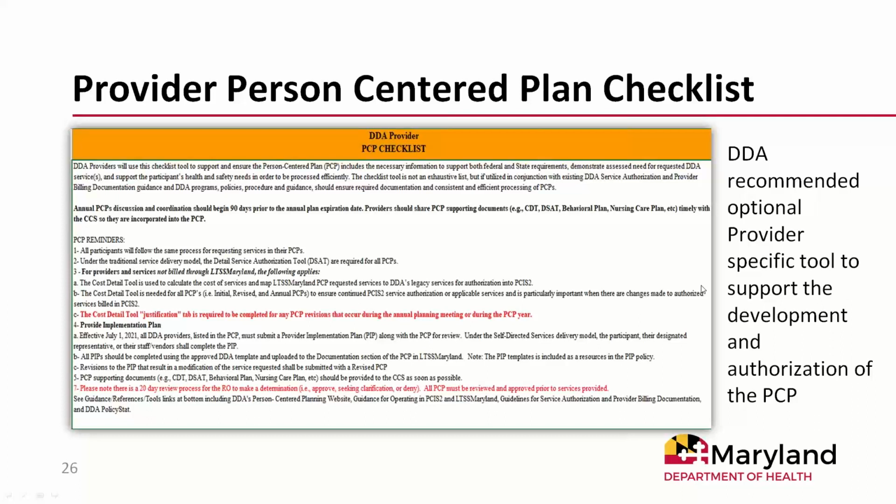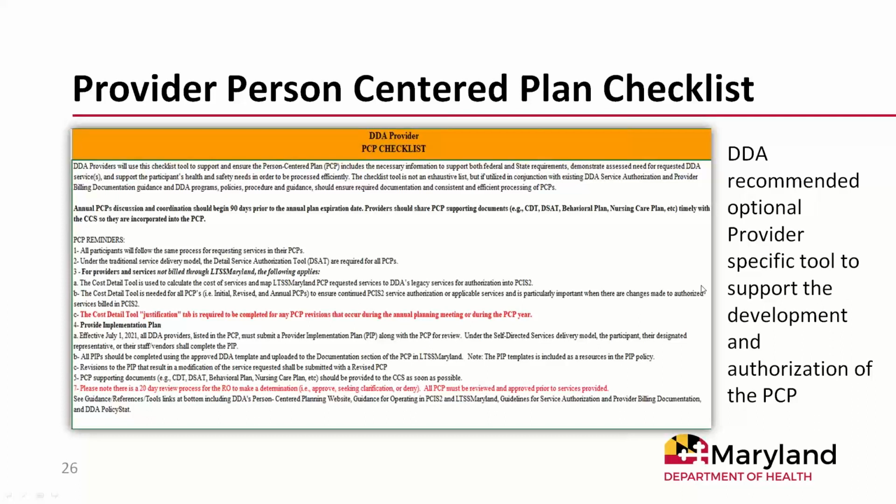Use of these respective checklists will support communication and coordination and ensure that the person-centered plan includes the necessary information to support both federal and state requirements, demonstrate assessed needs for requested services and supports, and support the person's health and safety needs in order to be processed efficiently and authorized.